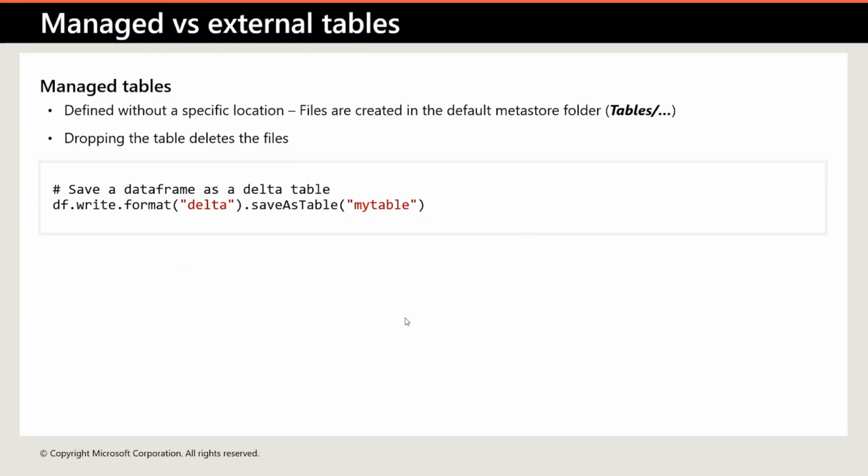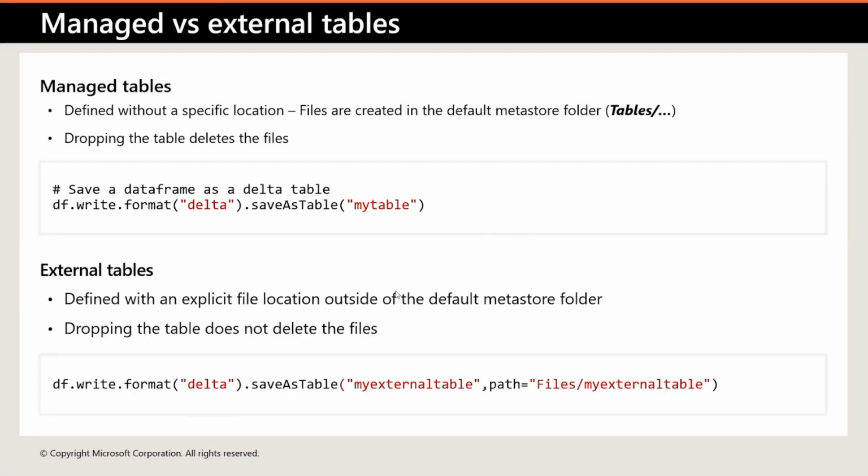Okay, so deleting the table will also delete the underlying files from the table storage location for the lakehouse. You can also create tables as external tables in which the relational table definition in the metastore is mapped to an alternative file storage.